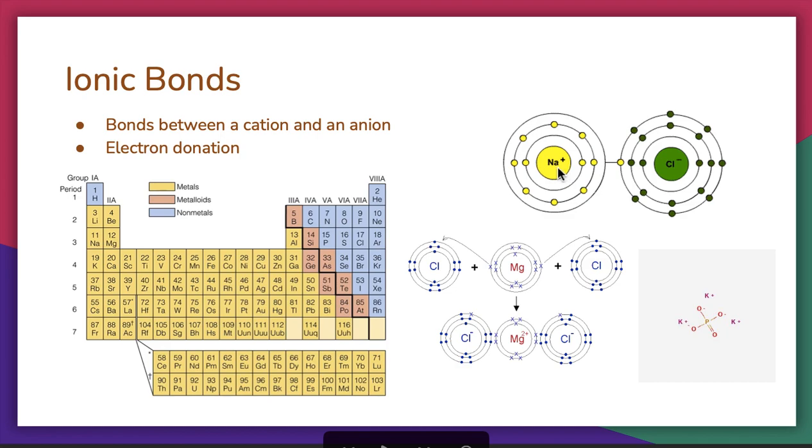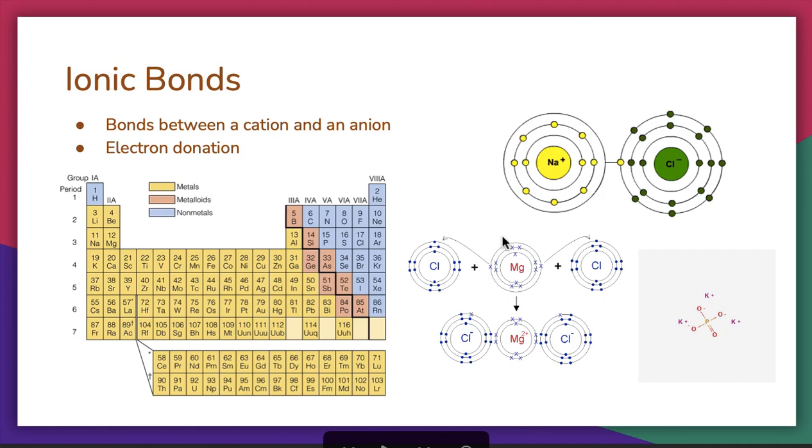And again, you can see that this is a positively charged and a negatively charged atom coming together. Another example is MgCl2, where the magnesium has two spare electrons in its outer shell that it would like to give away.